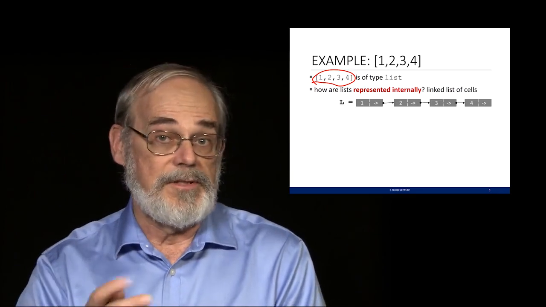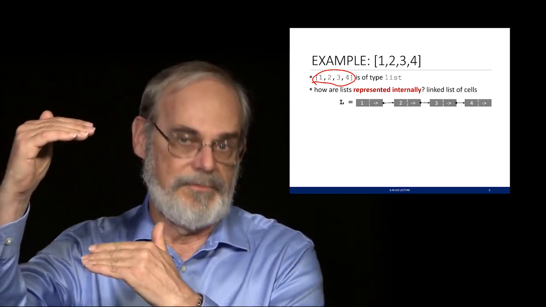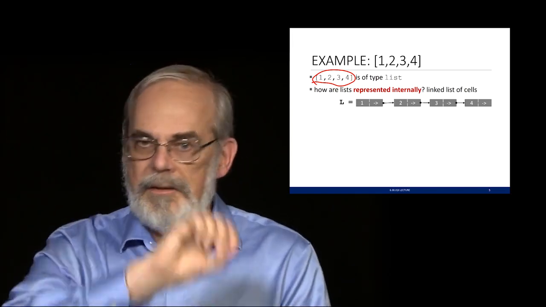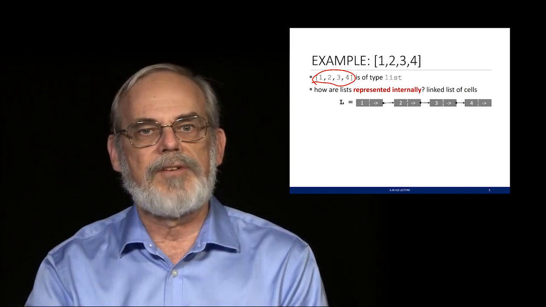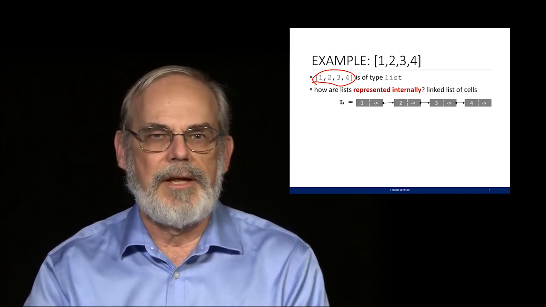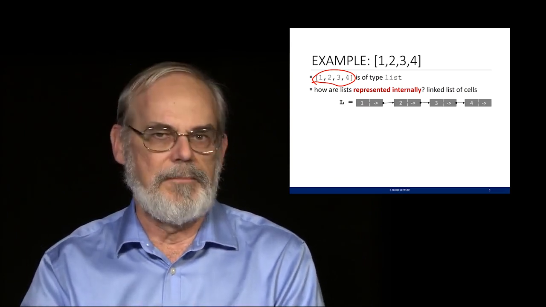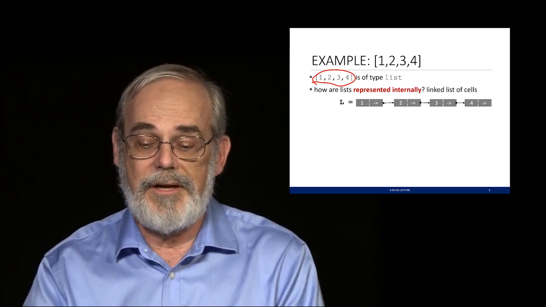It's possible inside your machine that a list is represented by allocating a sequence of consecutive slots in memory. The list would point to the first slot, that would be the first index. Incrementally, the next slot in memory could be the second index. Turns out that's not a great way to represent lists because it's limited in the ability to change them, to mutate them, or to have arbitrary sized elements inside of them.